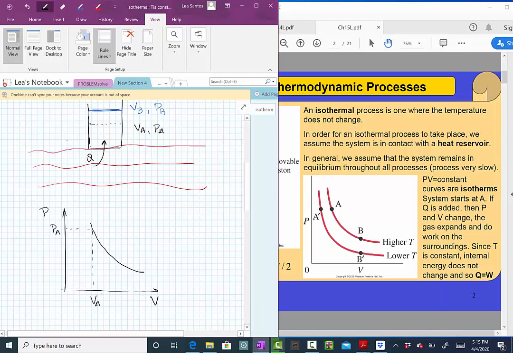The system expanded, so we ended up at this new volume VB at a different pressure PB. At any point of this line, the temperature is exactly the same because this is an isothermal process. So these kinds of curves are called isotherms. So that's what you see here in the text.